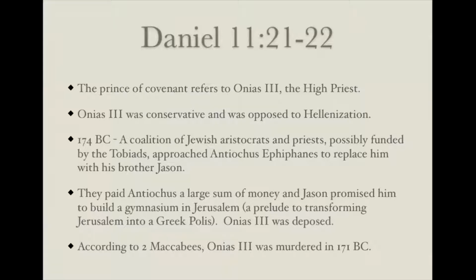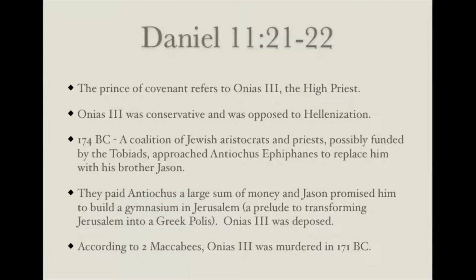Onias III was a conservative Jew and high priest, and was pretty opposed to this whole concept of Hellenization.